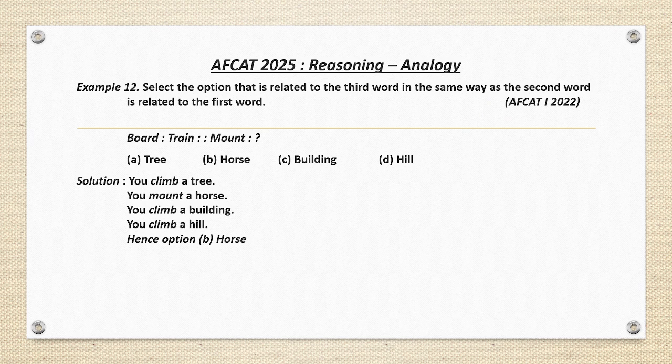Very good. ये तो बस verb पूछा जा रहा है. Okay, right. Take a minute, pause. Try to answer on your own. Right. Okay, board, train, mount, what? Okay, so whenever we take the train, whenever we enter, that is called we are boarding the train, right? We are boarding the aircraft or we are boarding the bus.